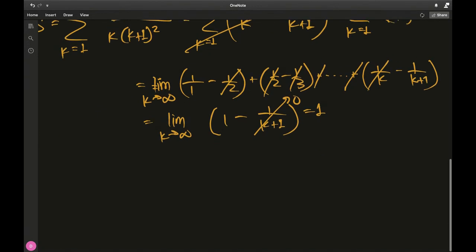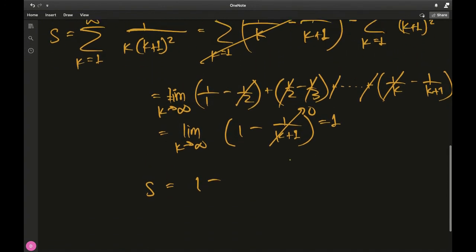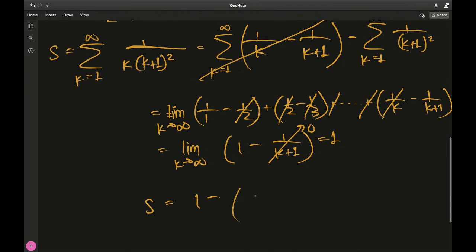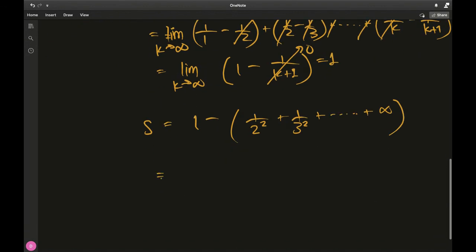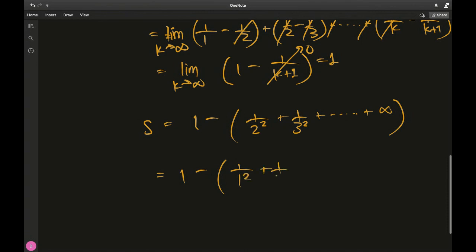It's a telescoping series. So our s now becomes 1 minus, let's write out some terms of this. So we have 1 over 2 squared plus 1 over 3 squared plus, dot dot dot, infinity. Okay, and notice this is almost like the Riemann zeta function, except we're missing the first term, which is 1 over 1 squared. So why don't we add that: 1 over 1 squared plus 1 over 2 squared plus 1 over 3 squared, going on till infinity.